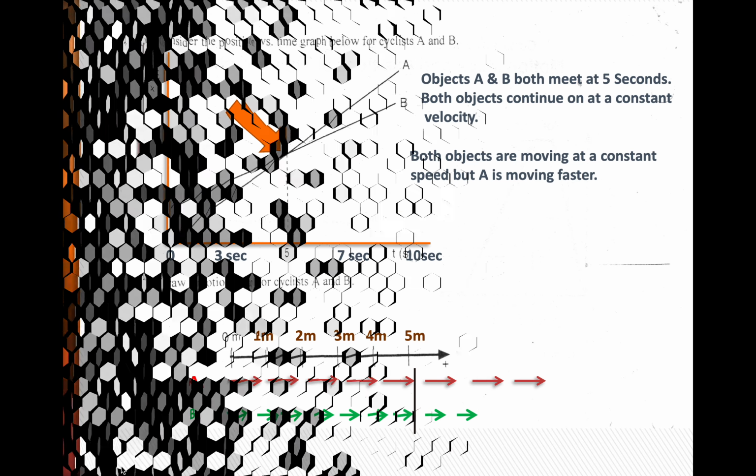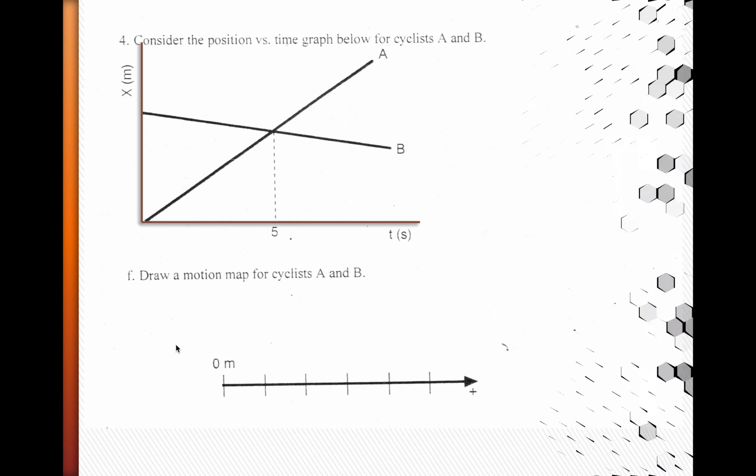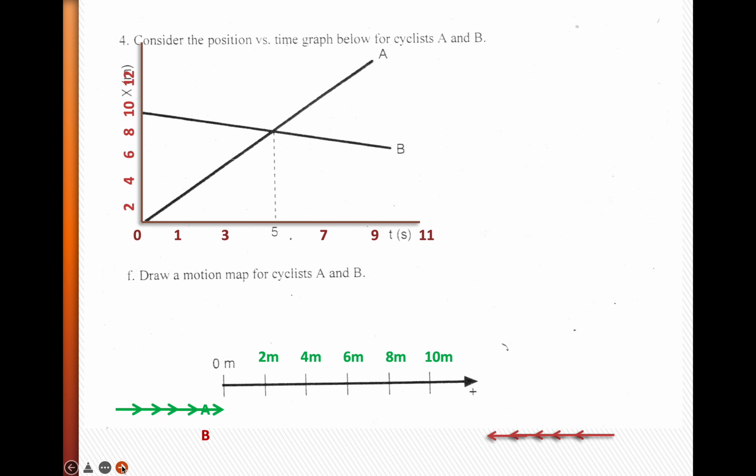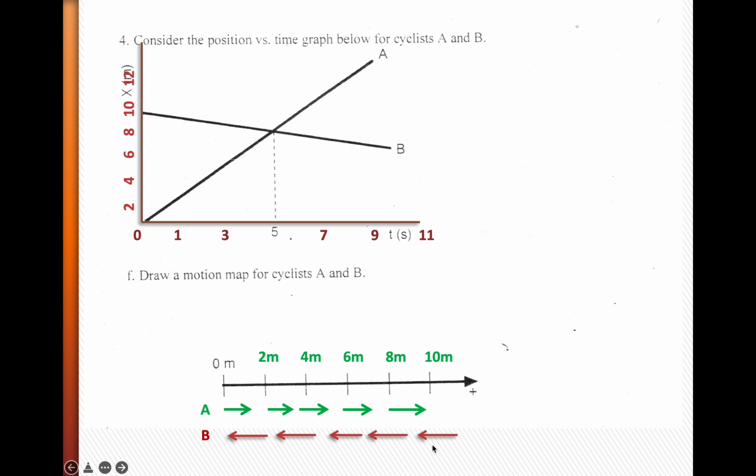And those words are correct. Here, we've got one positive velocity, one negative velocity. Putting in some numbers here. Object A should have a positive motion map. Object B should have a negative motion map. Again, I'm not sure if I like this because I think B is moving slower, so I would say the arrows would be closer together.